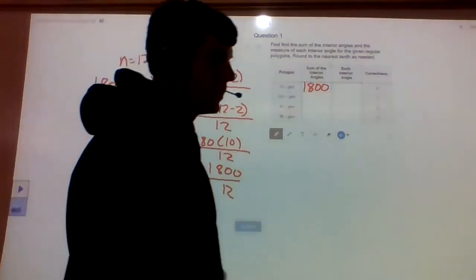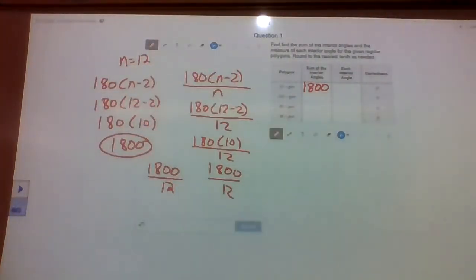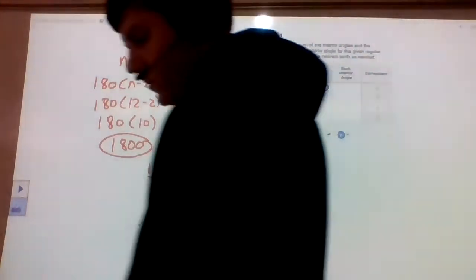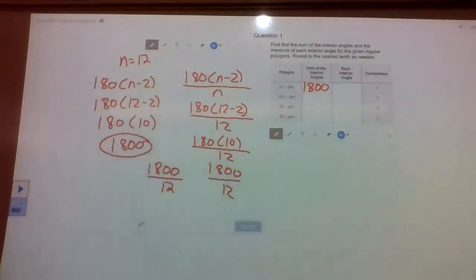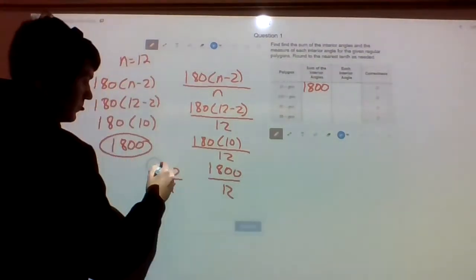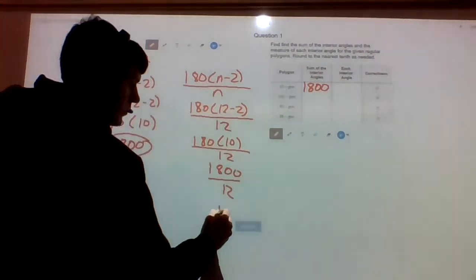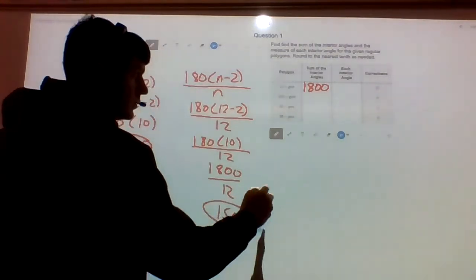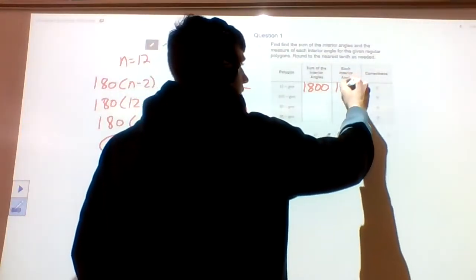Okay, so that should be 150. Yep, 150. So each interior angle is 150.